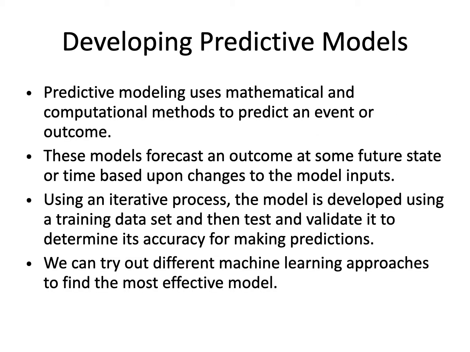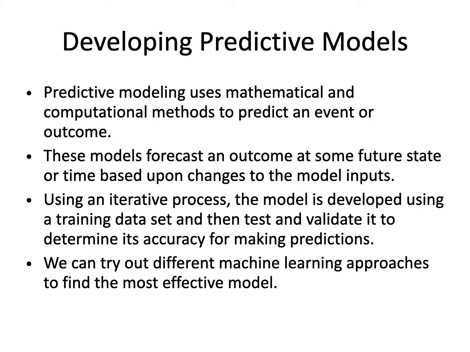So, developing predictive models: a predictive model uses mathematical and computational methods to predict an event or outcome, and these models forecast an outcome at some future state or time based upon changes to model inputs. Using an iterative process, the model is developed using the training data set and then tested and validated to determine its accuracy for making predictions.